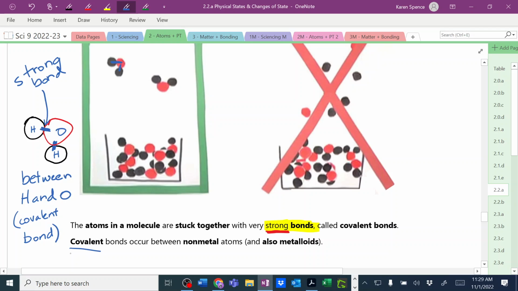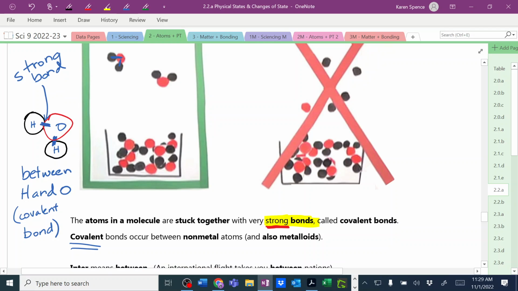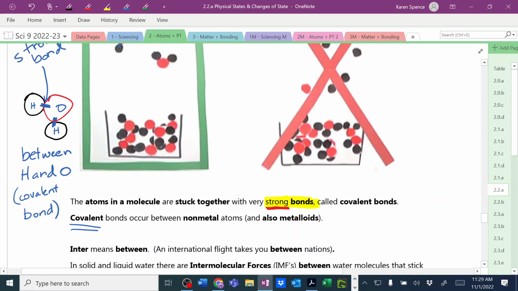These covalent bonds are very strong, and they occur between non-metal atoms.